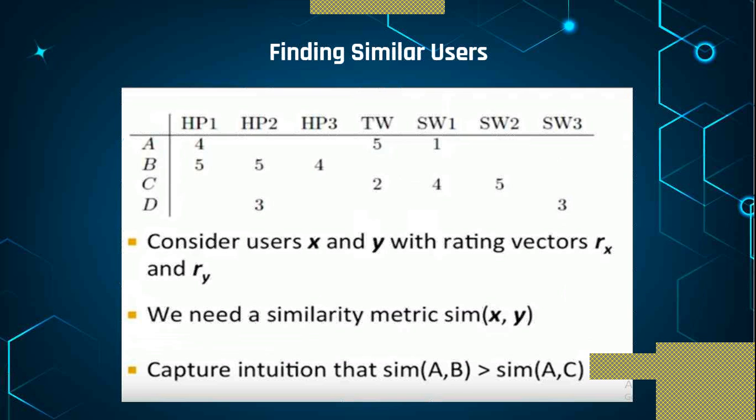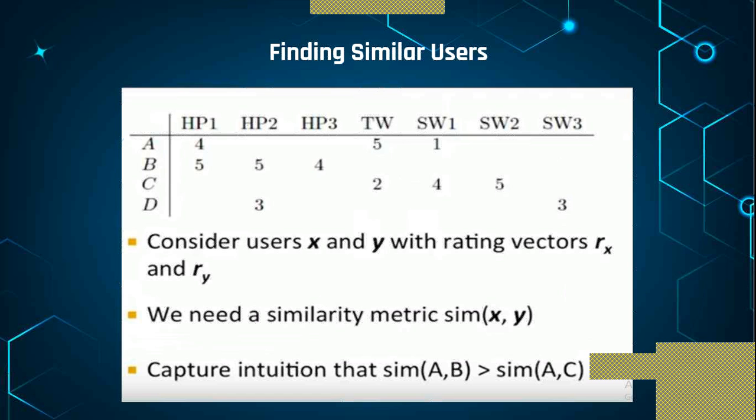So let us consider user A gives a rating of 4 to Harry Potter 1, a rating of 5 to the TW movie, then a rating of 1 for the SW1 movie. While user B gives a rating of 5 to Harry Potter 1, 5 to Harry Potter 2, 4 for Harry Potter 3, and the rest of the movies he doesn't like, so he is not giving any rating to them.